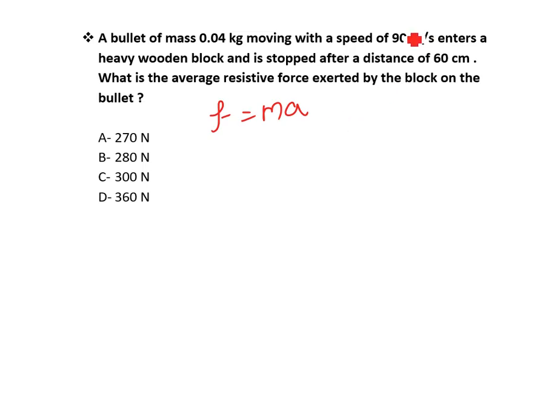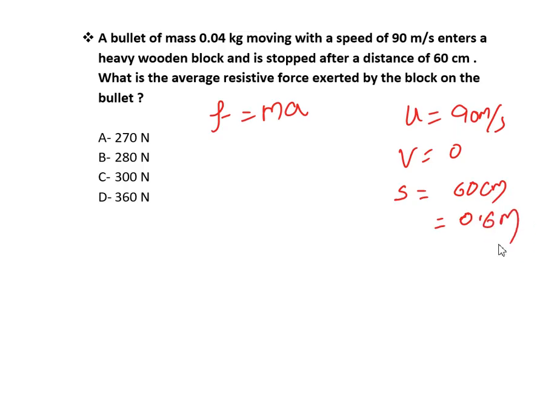For a, from here it is clearly, you can say that u is 90 meter per second. As the bullet stops after 60 centimeters, I can say v equal to 0. So s is equal to 60 centimeters, so I just convert it into meter. It will become 0.6 meter. Clear?